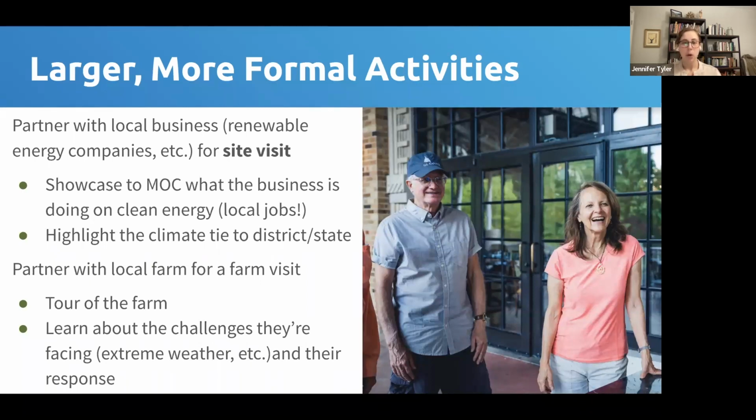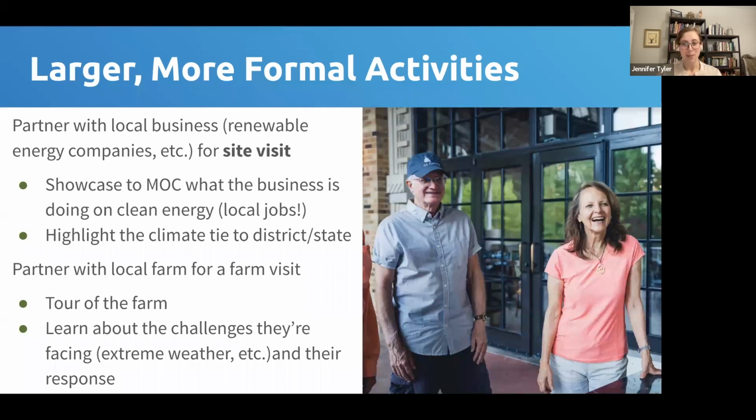Another idea would be to partner with a local farm. Maybe you're in a more rural district and there isn't that kind of clean energy business that you know of. A local farm, a farm visit. Members of Congress do this all the time, and maybe there's a farm you've already got a relationship with, or you think would be interested in doing this. Just an easy, casual tour of the farm and some conversations about the challenges that the farm is facing.